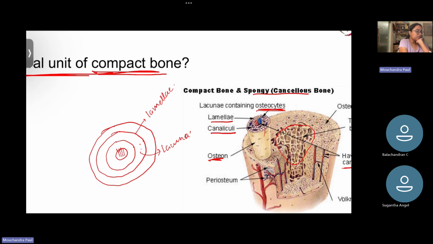There are also canaliculi, some kind of fibers that exist between the adjacent lamellae.